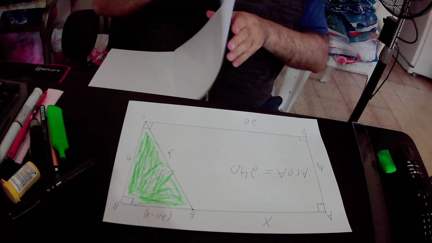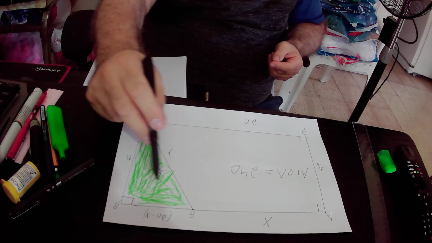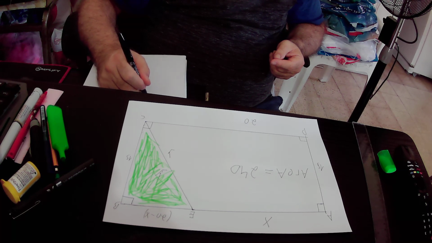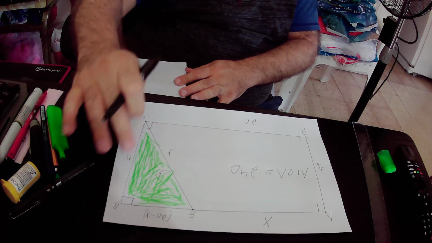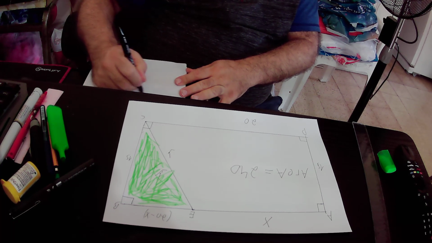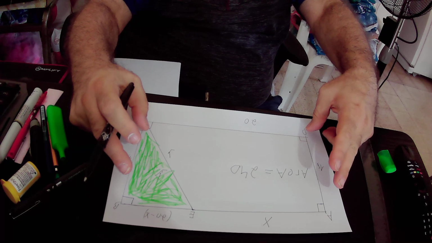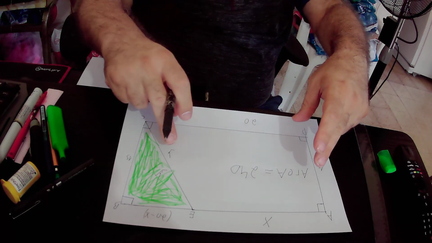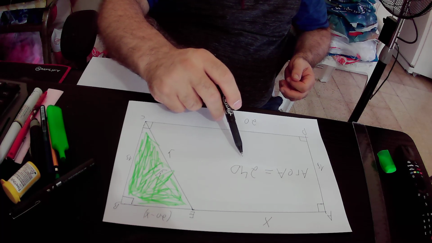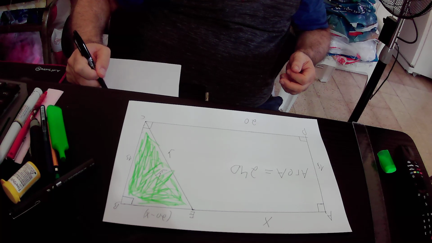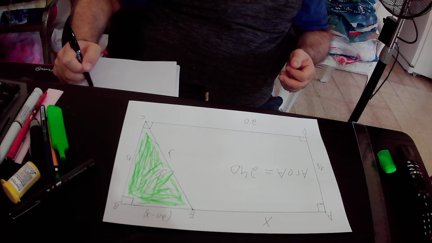Okay, so according to this formula, we can say that the area of the green triangle equals the base of the triangle, that is 20 minus x, times the height to the base, the height to the base is 15 units, over 2, and the area of the green triangle equals the area of the rectangle minus this area, so it is 300 minus 240, it is 60 units squared.